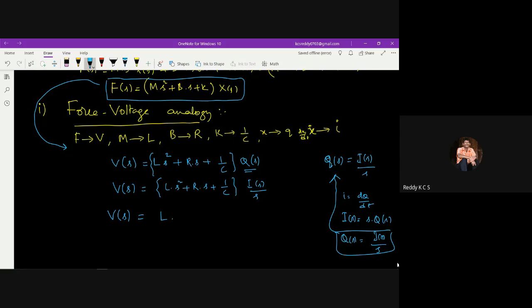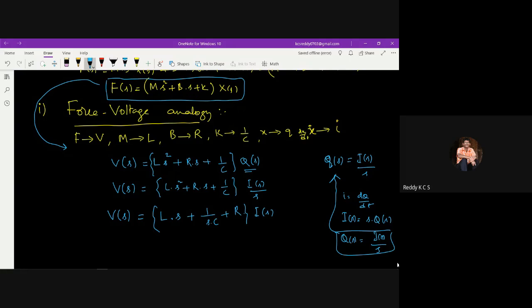So I can write L into s plus 1 by s into c, because this 1 by c into c plus r, because s and s will be cancelled out, then I'll get I of s.